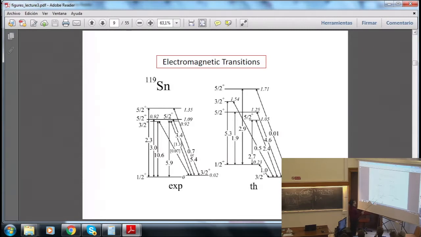For example, look here. Maybe, I hope, the strong one here is from the 3/2, and if you take the 3/2 here, in fact, it's stronger.